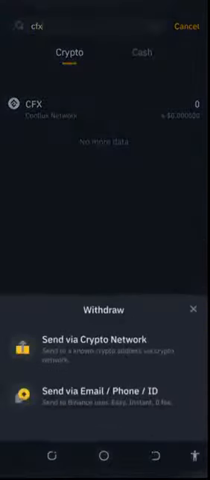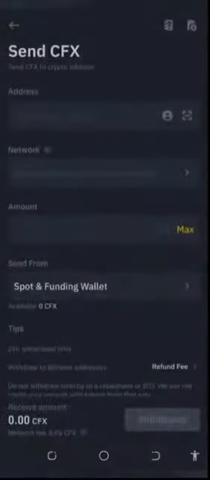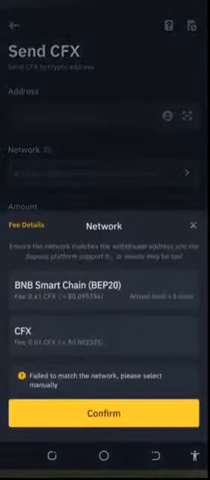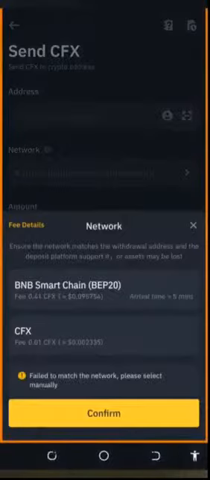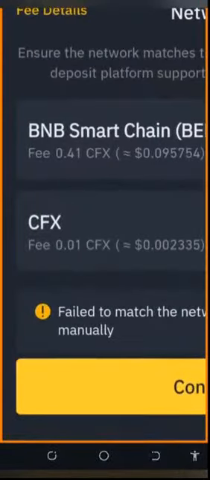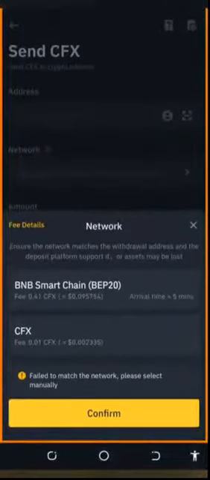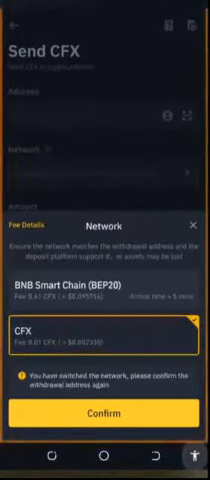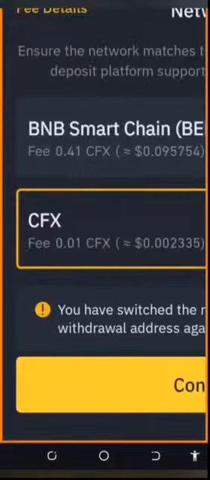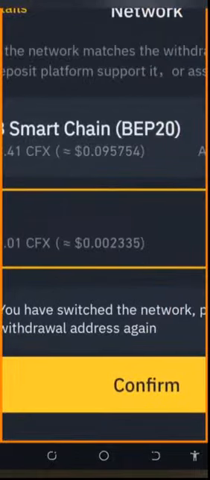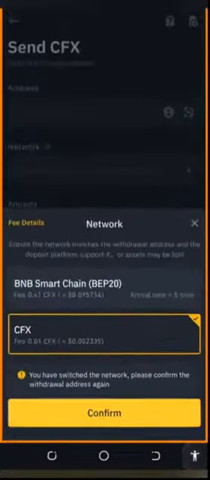All right, Conflux network. So what is it to withdraw it? Let's check it out. We have BEP20 and we have CFX. Does it say Conflux eSpace? I'm not seeing eSpace, but I'm seeing CFX. So let's click on CFX. How much is it? It's about 0.002. That's less than 1 cent.